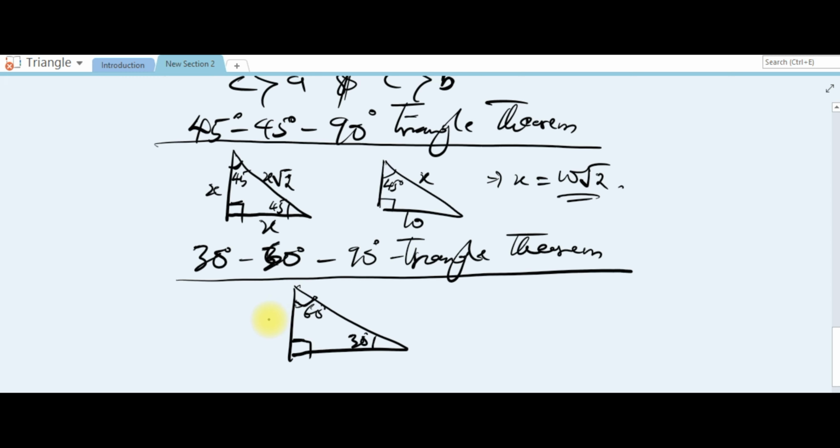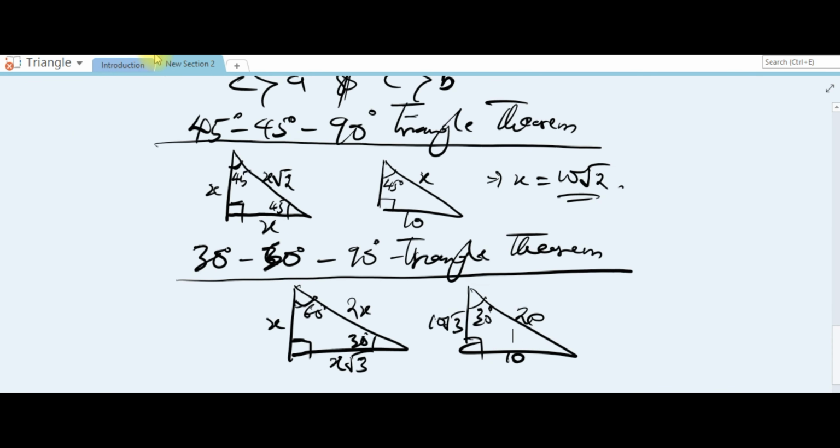If the side opposite 30 is x, the side opposite 60 must be x root 3, and finally, the hypotenuse must be double, 2x. So if you have 30 degrees here, and here is 10, whatever is here must be 10 root 3, and whatever is here must be 20. That's what the theorem states.